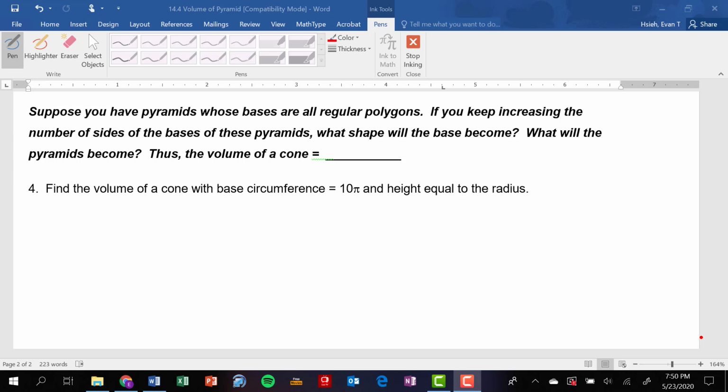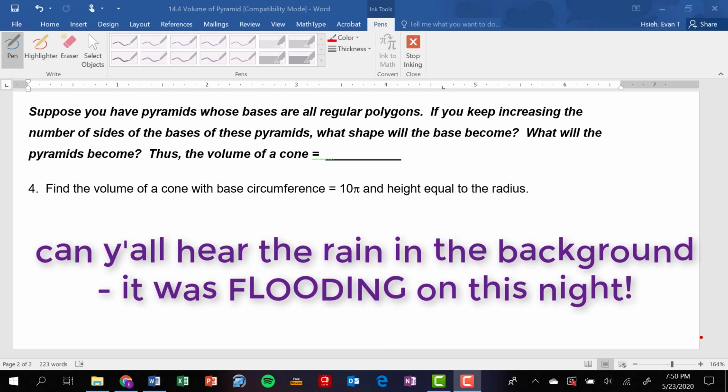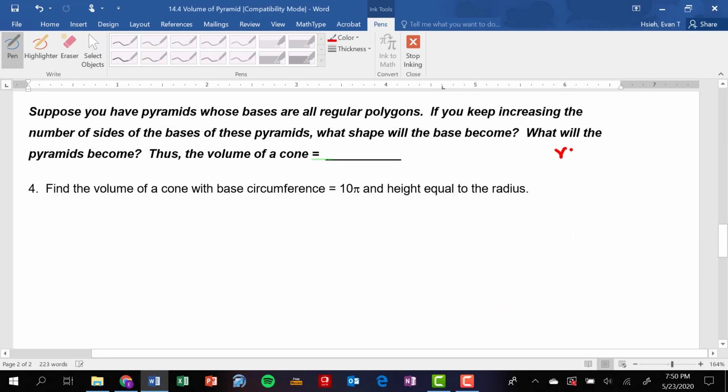Okay, we are on to the backside of this volume worksheet, and we're looking at cones. And if you think about it, for a square pyramid, the formula for the volume is going to be 1/3 base times the height. A pentagonal pyramid, which we did on the front side, so 5 sides, 10 sides, still going to have the same formula. 100 sides, going to be the same formula right here. 1,000 sides, 1,000,000 sides.